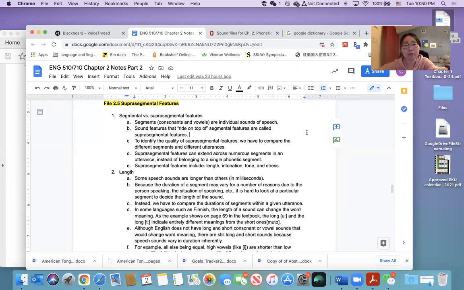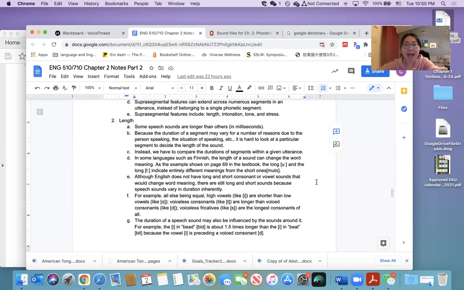And here are 4 suprasegmental features. They are length, how long a sound is, intonation, tone, and stress. First of all, the suprasegmental feature of length. Length is how long a sound is. Some speech sounds are longer than others. Of course, we're talking about measurements of milliseconds.